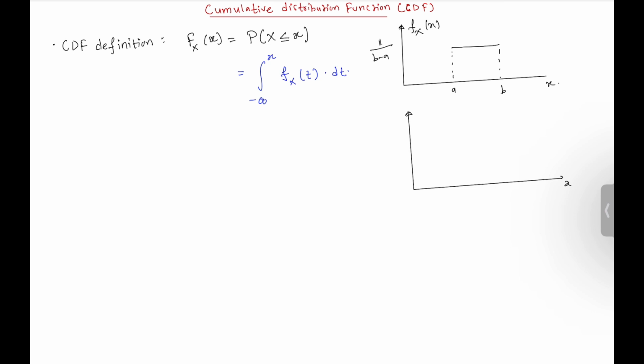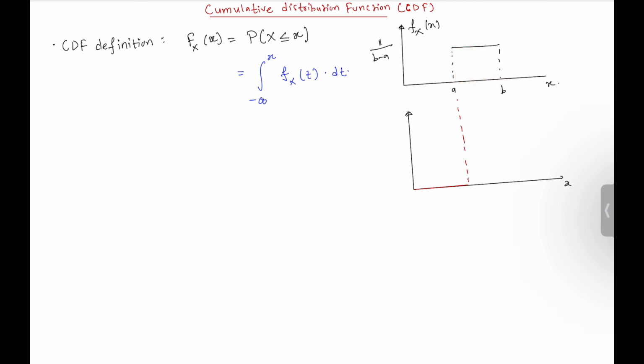Let's say x is still here. You will integrate from minus infinity to here, and the area under this is 0, so you will have nothing till this point. As you increase the value of x, you will have some probability, and if you increase x further, the probability will be more accumulated.